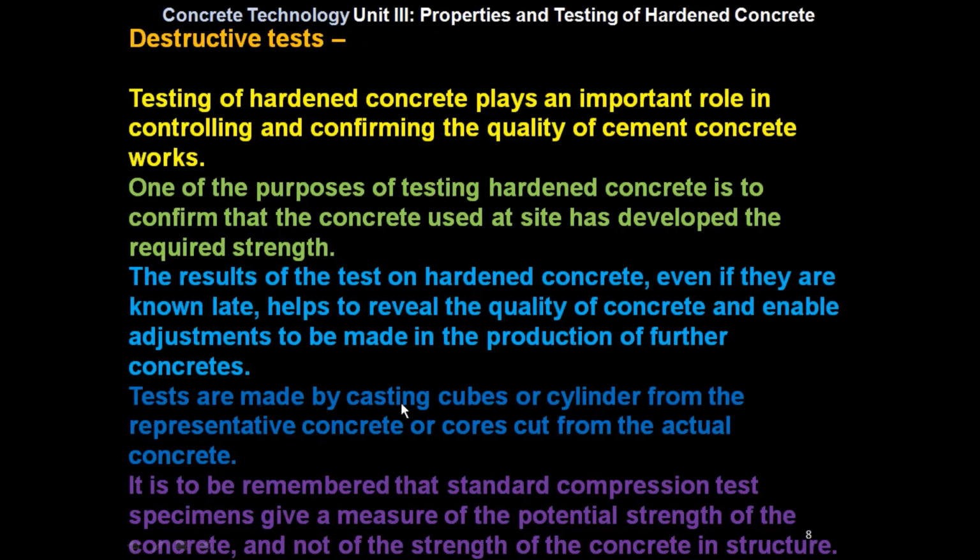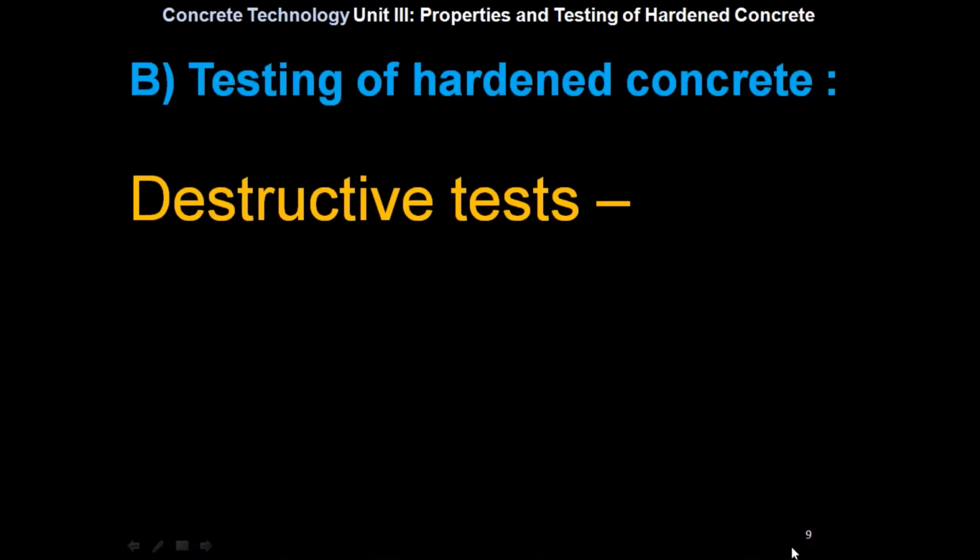Tests are made by casting cubes or cylinders from the representative concrete, or cores cut from the actual concrete. It is to be remembered that standard compression test specimens give a measure of the potential strength of the concrete and not of the strength of the concrete in the structure.